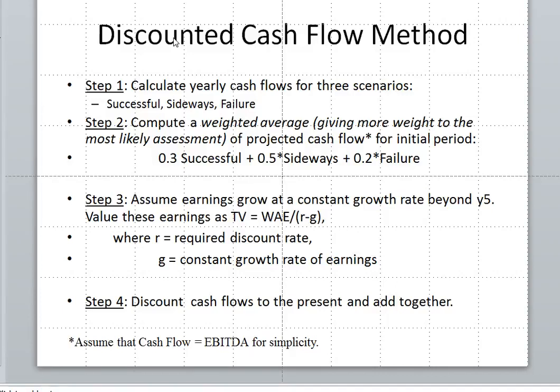One way to make this more detailed is to consider a couple different scenarios, like a successful scenario, a sideways scenario, and a failure scenario. Weight those scenarios, and then combine those weighted scenarios to one composite scenario.